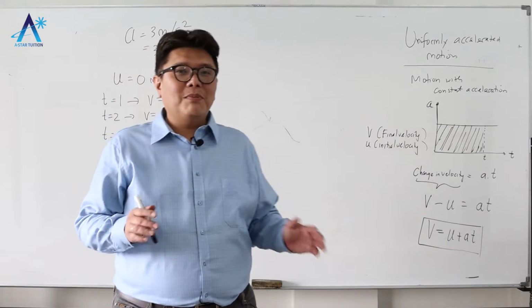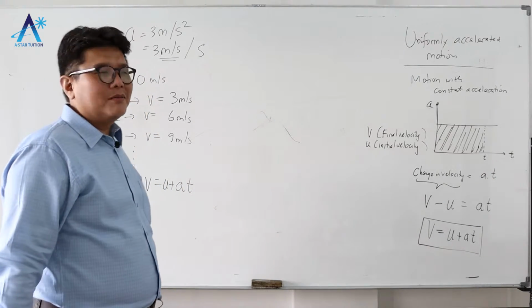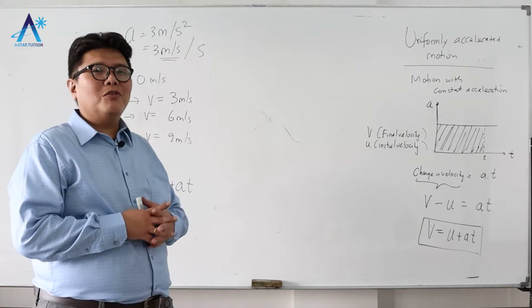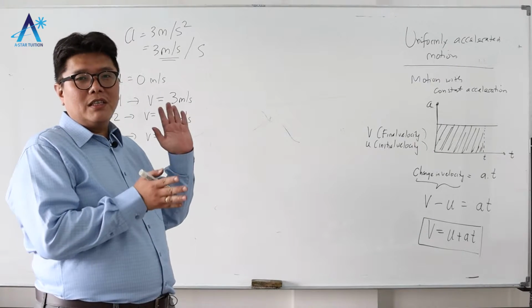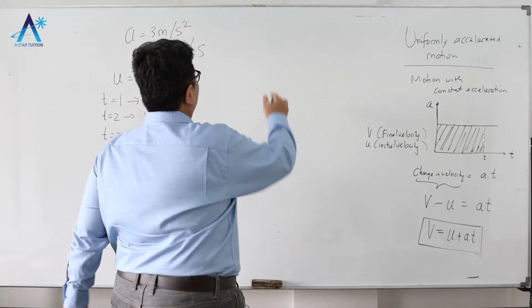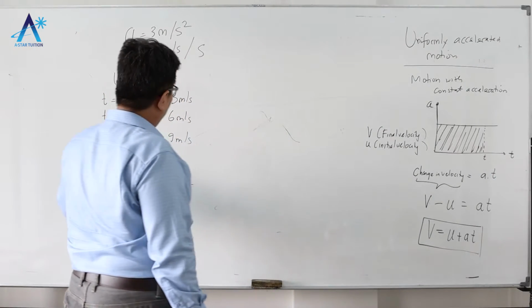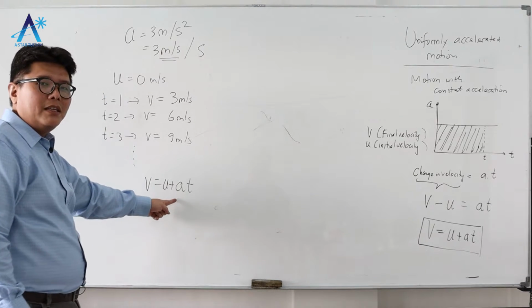What about displacement in uniformly accelerated motion? How do you find it? Now again, remember, in order to find displacement, we can do that by using the velocity function against time graph and then calculate the area. Here you can see that v equals u plus at.